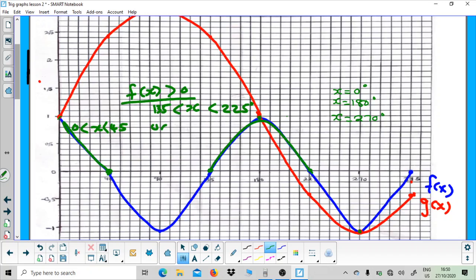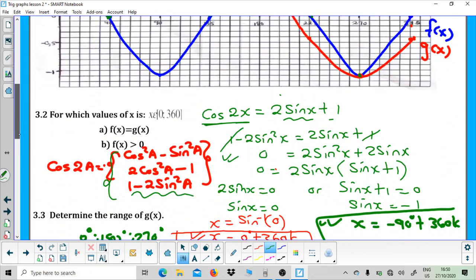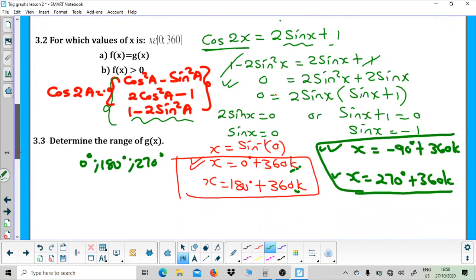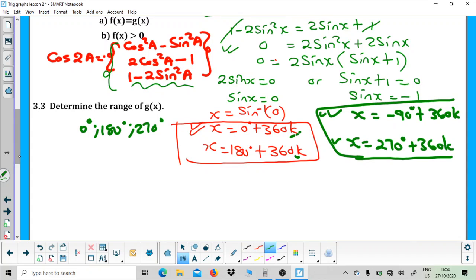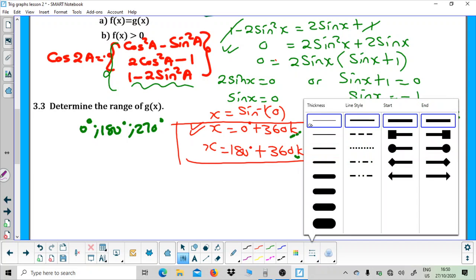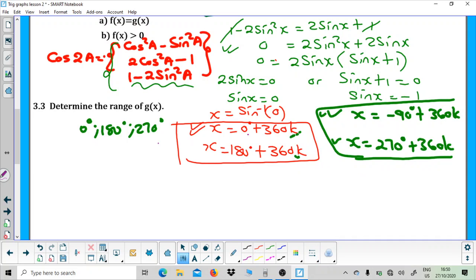Now after you do that, I want us to talk about this last question here, the range one. It's important that we just pass via there, but we already know what this is, but just to make sure you have not forgotten. If we're determining the range, remember our g(x), if I may just remind you, it is 2 sin x + 1. For the range, you have to look at the amplitude first.